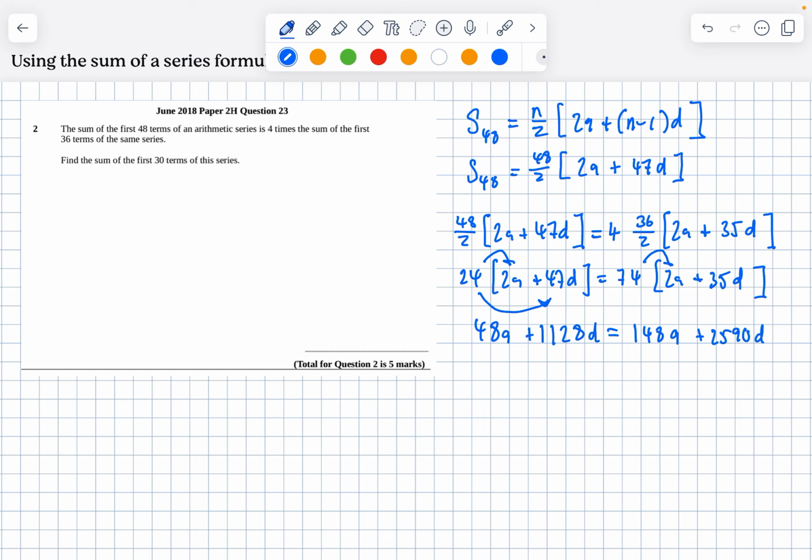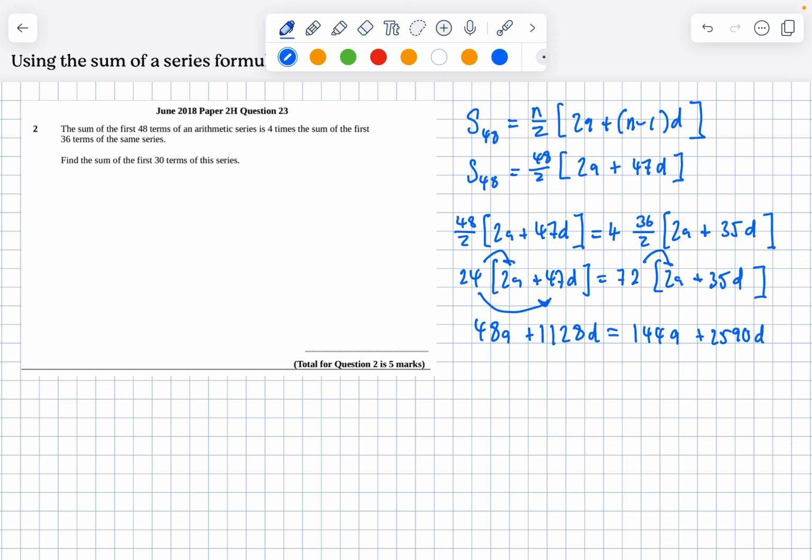Okay, well now I've got two unknowns, but I don't have two simultaneous equations because I don't have any values. So what I'm going to do is collect together all of those a's and d's. Sorry, quick arithmetic mistake: that should be 72, so that should be 144.